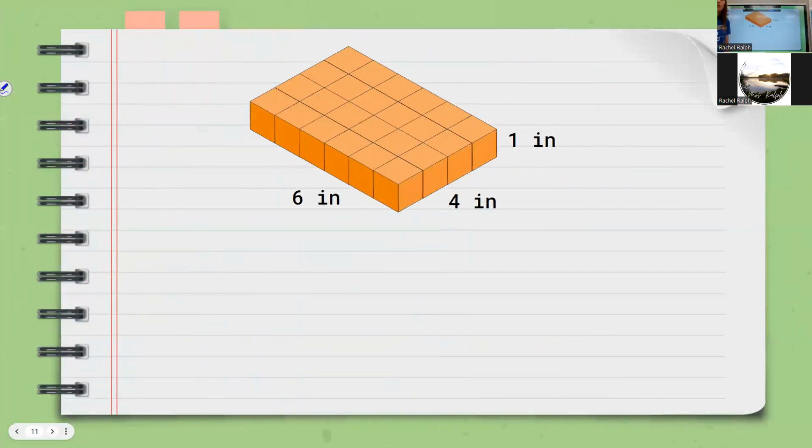We're going to start with the exact same base. We have a 6 by 4 by 1. We're going to use this equation: V, volume, equals B, a capital B, times H. H is our height. What is B?